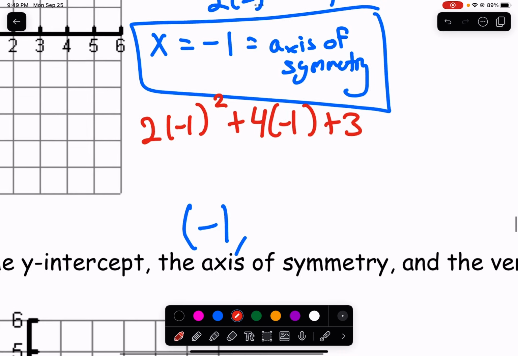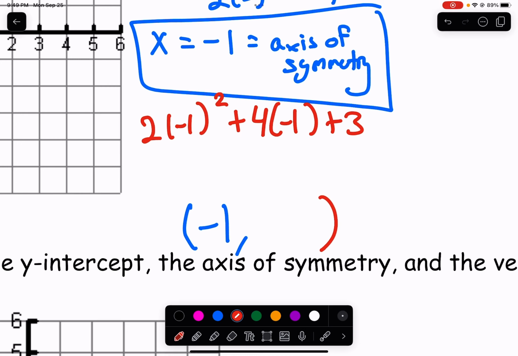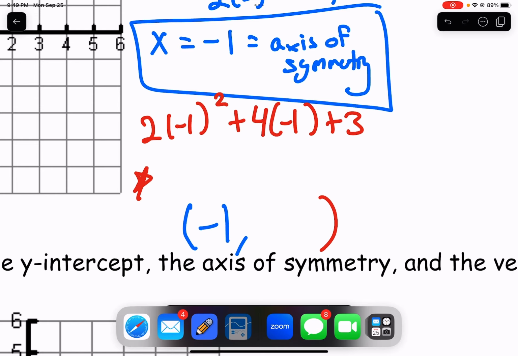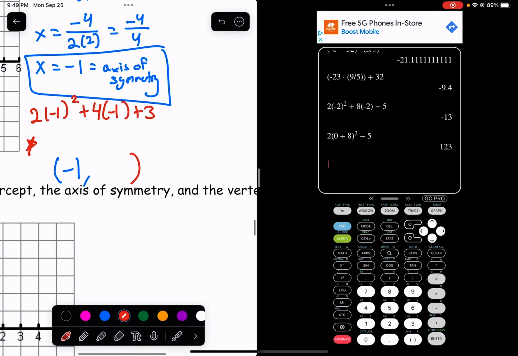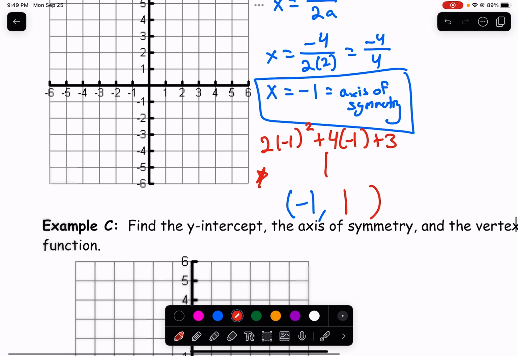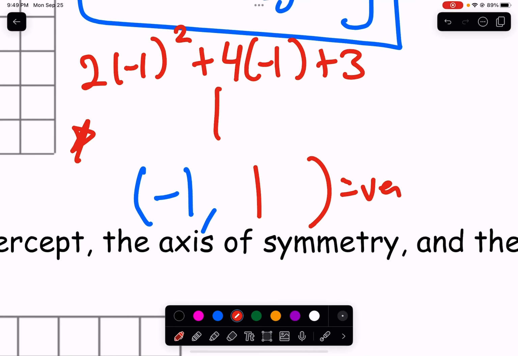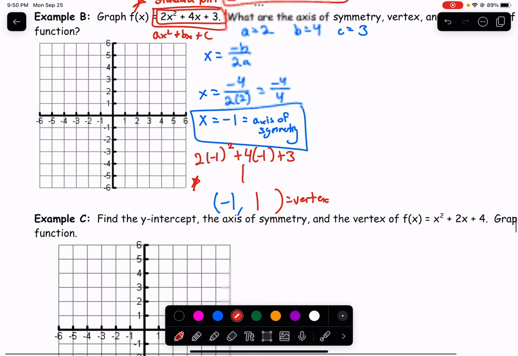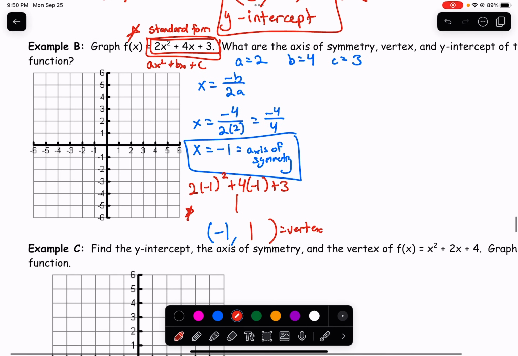When you plug that into your calculator, what do you get out? So we plug it in here, 2 times -1 squared plus 4 times -1 plus 3, and I get a 1 out. So the y value of my vertex is 1. So my vertex is -1, 1. All right?